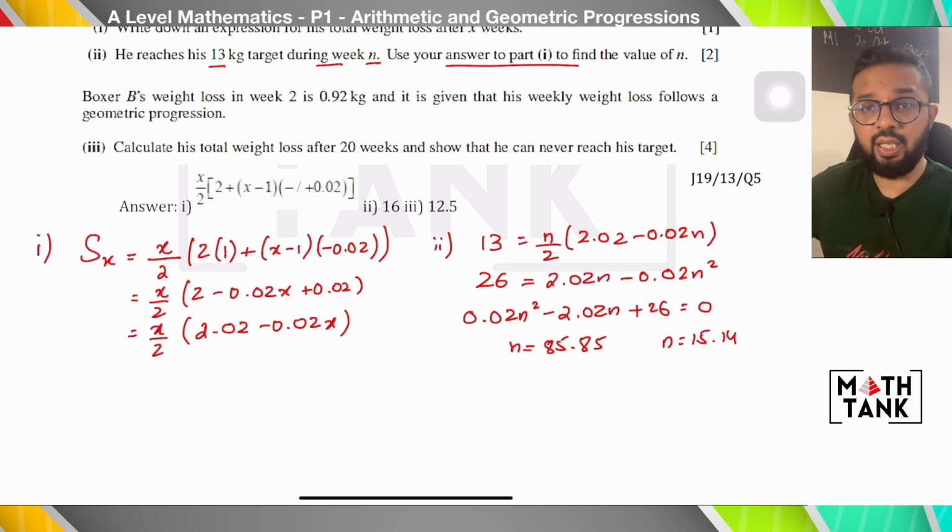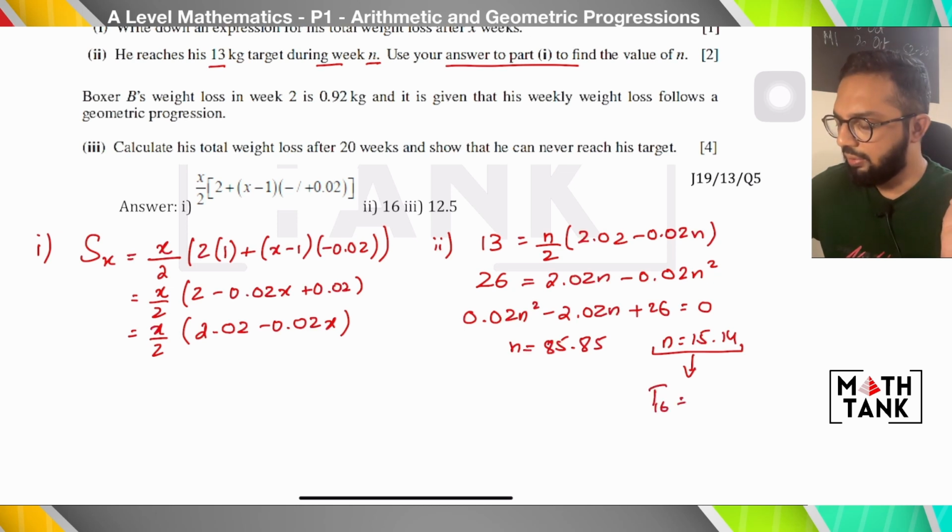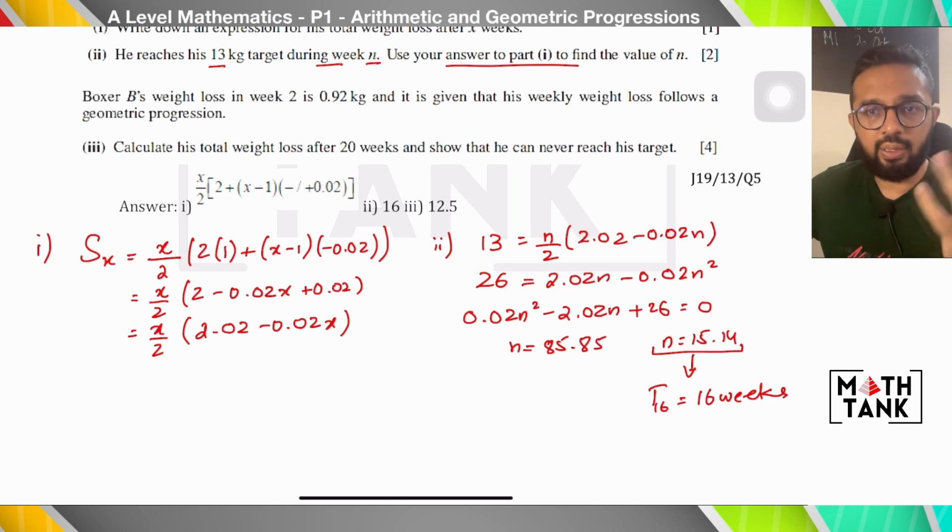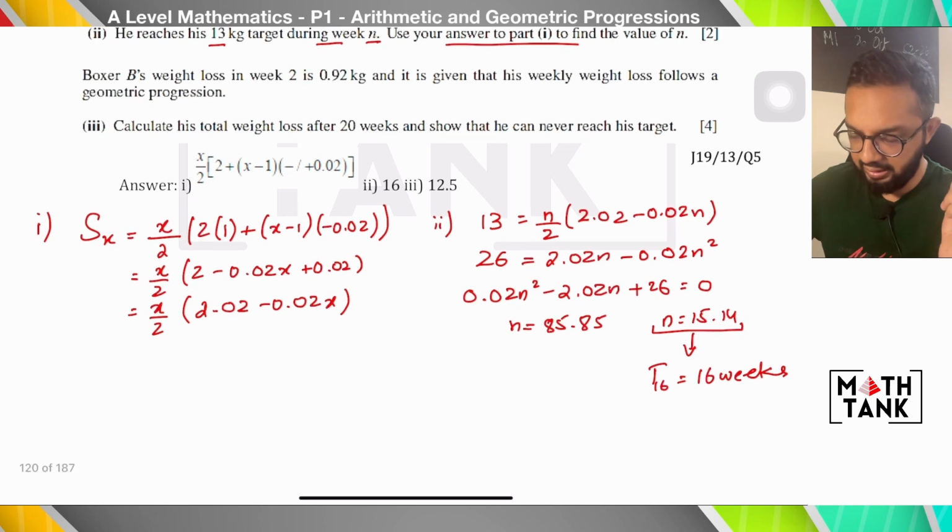Now, as I've emphasized in the lecture videos, you take the smaller n when you have a common difference that's negative. That's because you reach the target and your calculator or your formula doesn't know that you need to stop the arithmetic progression at that point. So the arithmetic progression would have stopped on term number 16, which means 16 weeks. Okay, on 15 weeks he would be below 13, but he wouldn't have met his target.